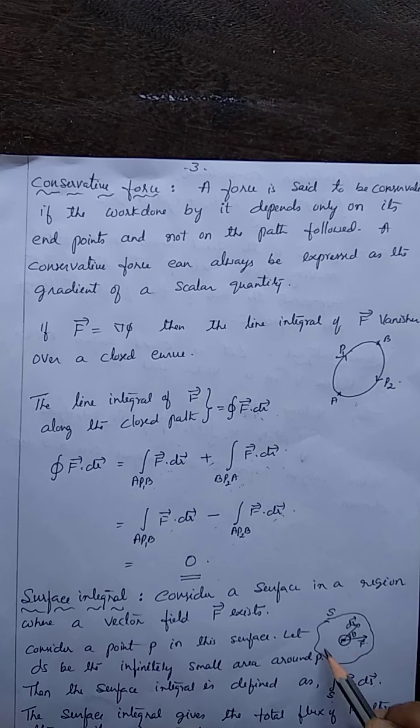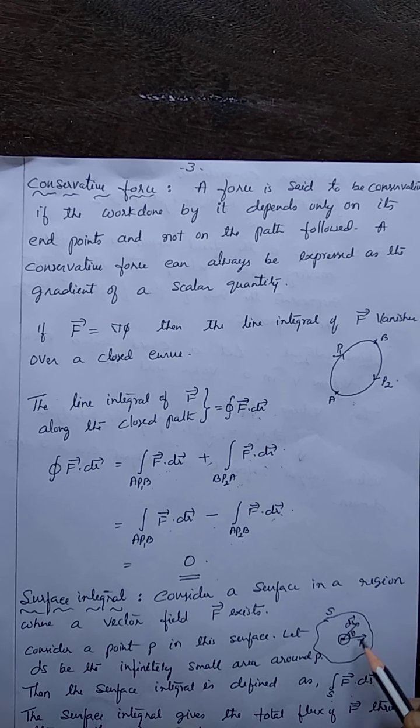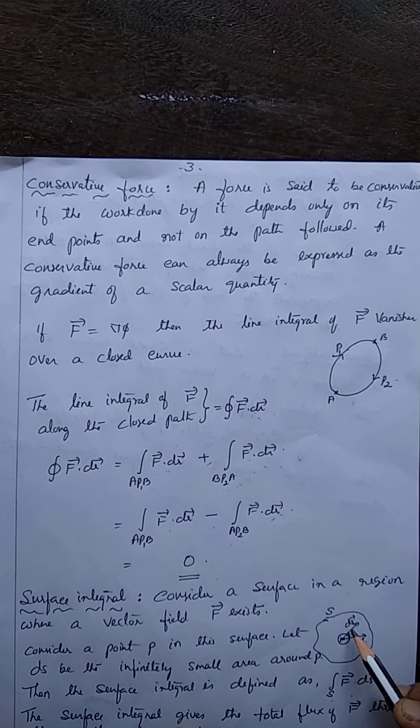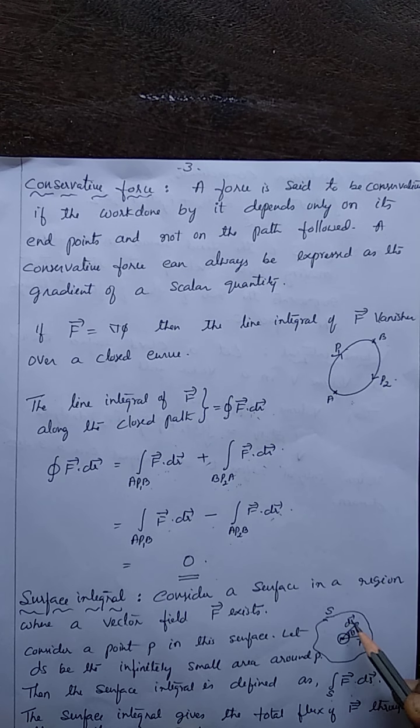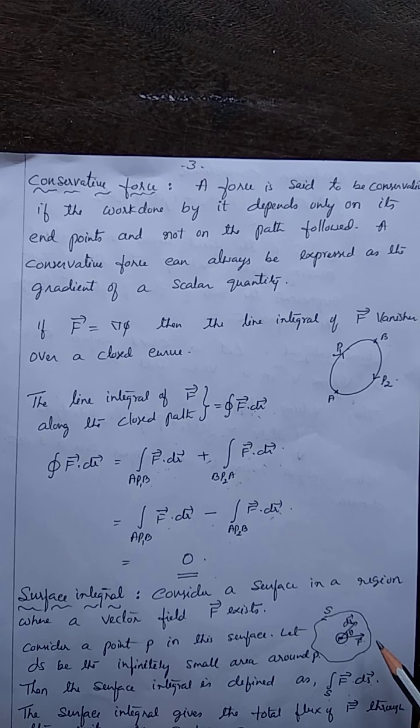You can divide the whole surface into so many small surfaces, each having area dS, so that the total dot product of F and dS over the entire surface is given by the surface integral of F dot dS.